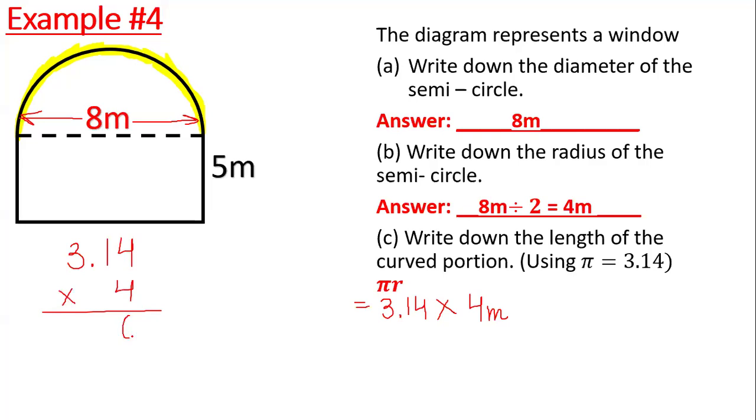Put the 6 down, put the 1 up. 4 times 1 is 4, 4 plus 1 is 5. 4 times 3 is 12. So it's gonna be 12.56. 12.56 meters.